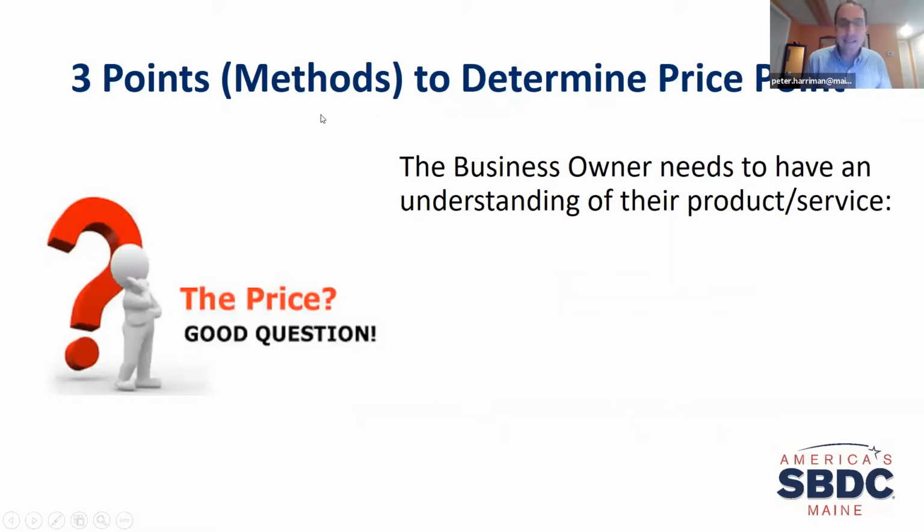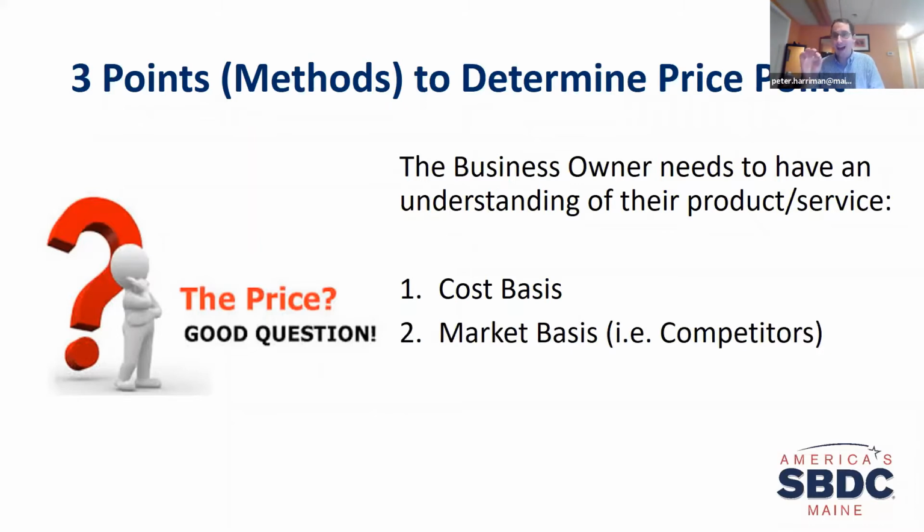So there are basically 3 classic categories of how to determine what that price point is, right? And we're going to walk through the first one. We're going to spend the most time on that one, right? The first one is the cost basis. How much is it actually costing you to provide your service or to make your product, right?